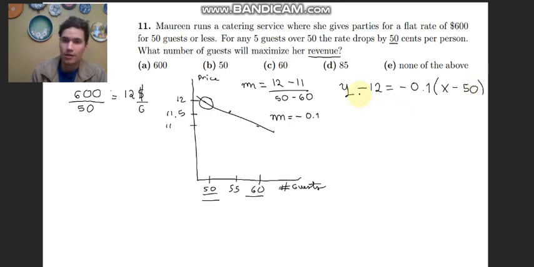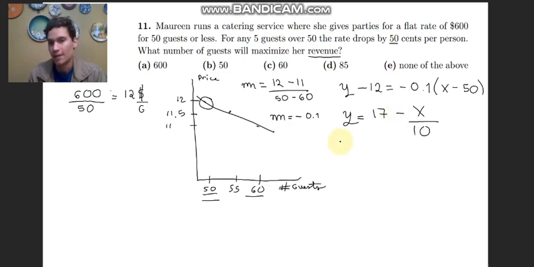Operating algebraically this equation, we find that y will be equal to 17 minus x over 10. And that is the equation of the line. In this case, y will represent the price and x will be the number of guests.